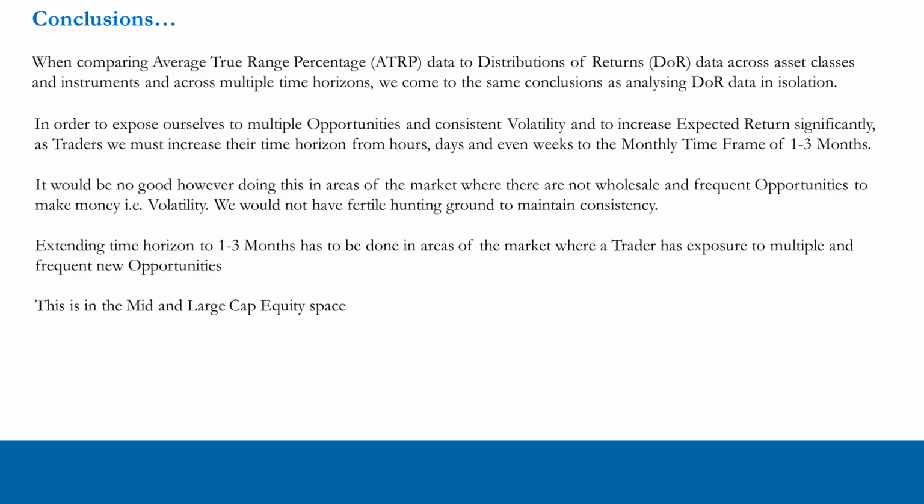What are those conclusions? Well, when we compare the ATRP to the distribution of returns across the asset classes and the instruments, across the multiple time horizons, we come to the same conclusions as when we analyze the distribution of returns data in isolation. Okay.